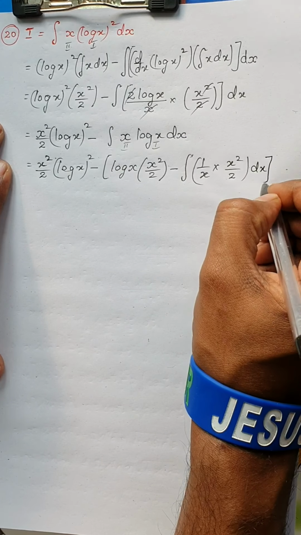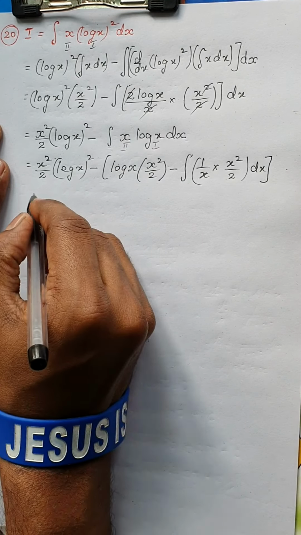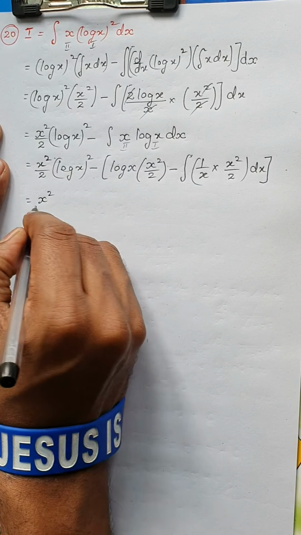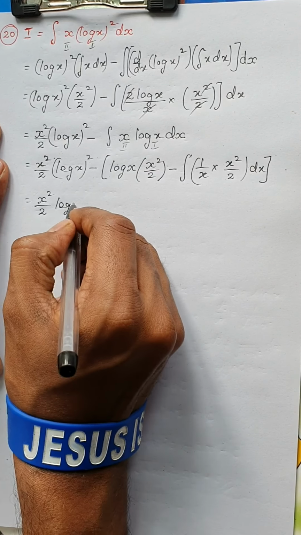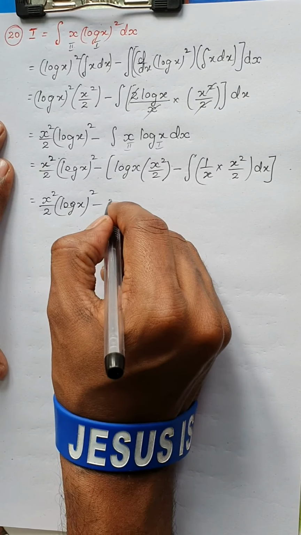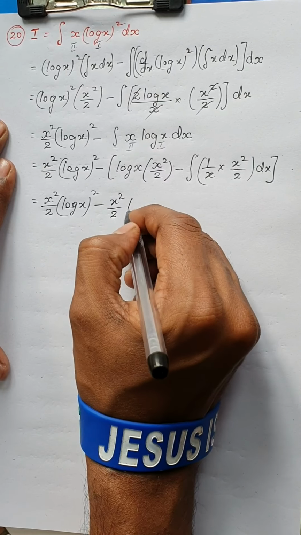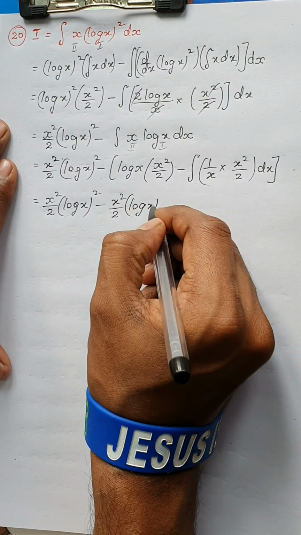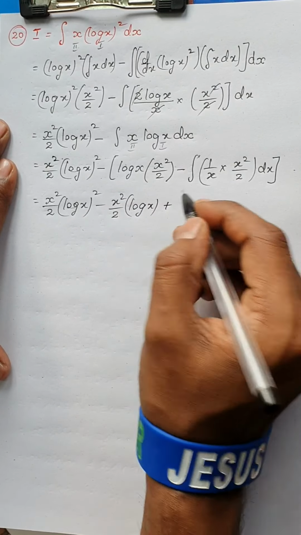This is integrated with respect to x. So this becomes x square by 2 into (log x) whole square minus, again I have x square by 2 into log x, minus of minus becomes plus.